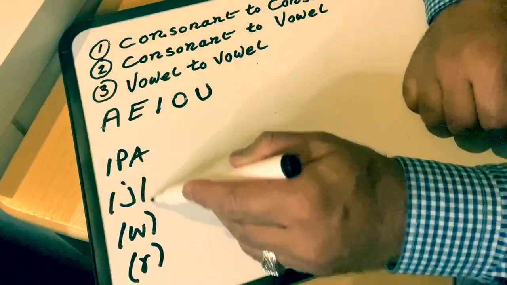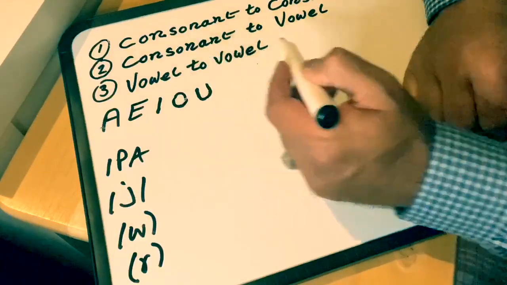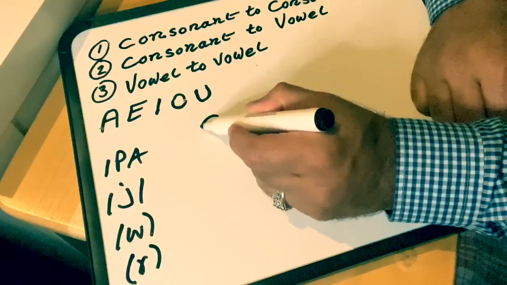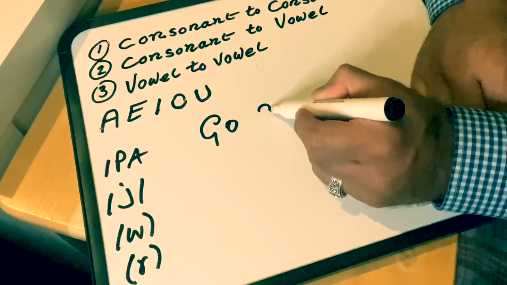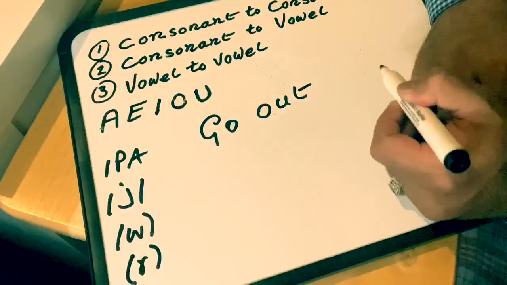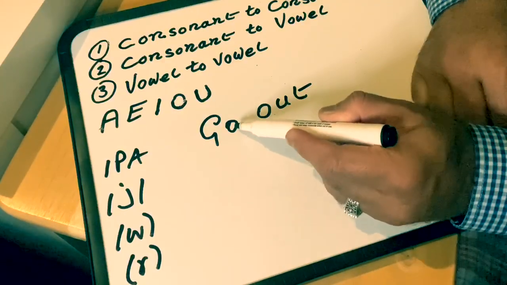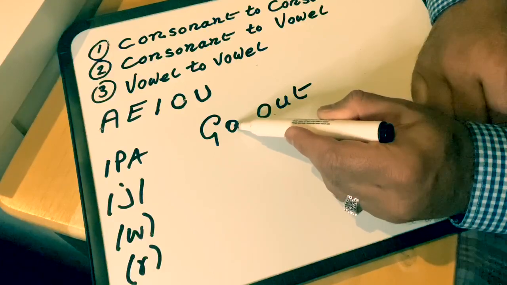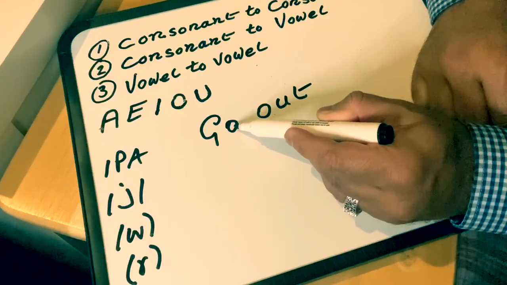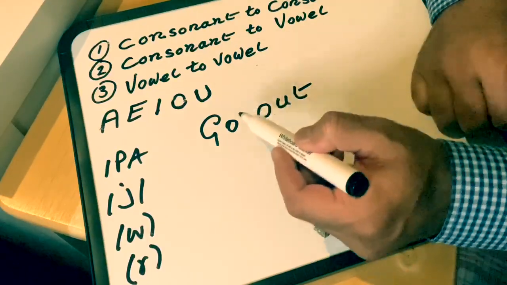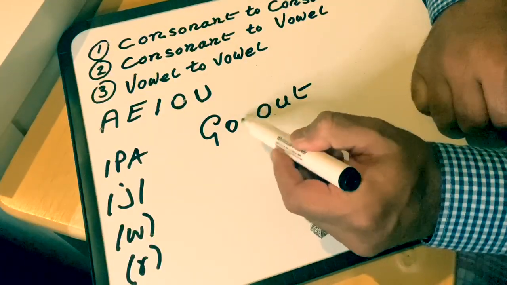So these are the 3 we need to connect vowel to vowel. For example, if we have go out, go ends with a vowel, and the word after that, out, starts with a vowel. So it's vowel to vowel we need to connect.